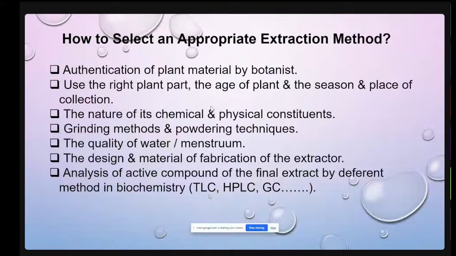How to select the extraction method? There are plenty of extraction methods, depending on the extraction solvent and the extraction materials. We can select the extraction method with which we can get a more efficient extraction.